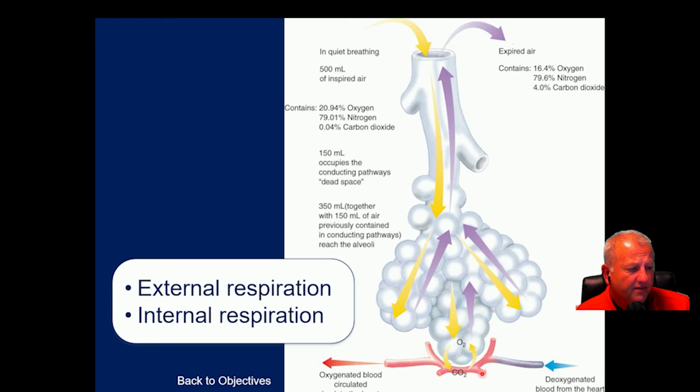But that's what we're talking about when we talk about external respiration, an actual gas exchange between oxygen and carbon dioxide. Now that oxygen is going to actually diffuse from this alveoli, right? And it's going to go down here into the actual bloodstream. It happens because it's like natural, like the river flows in one direction.